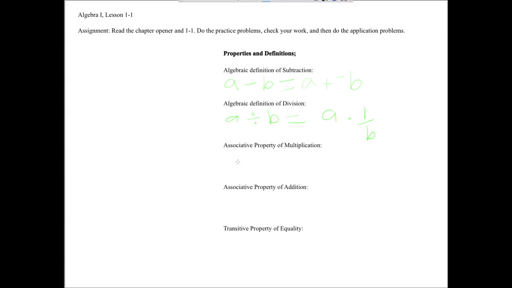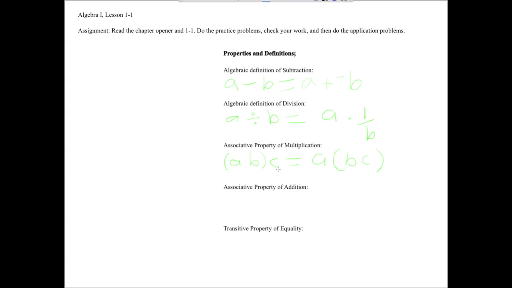So if I have something like a times b times c equals a times b times c in parentheses, you'll notice we've moved the parentheses. Those are grouping symbols. We've changed what value is grouped with what, which means we do a times b first here, we do b times c first here, but in terms of the equality, it doesn't change what it equals.